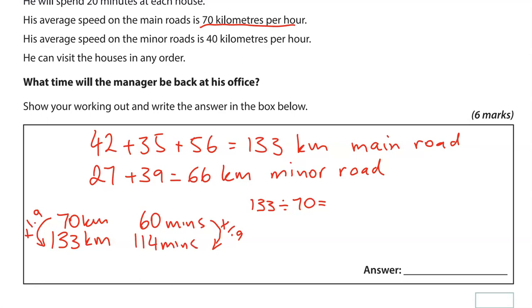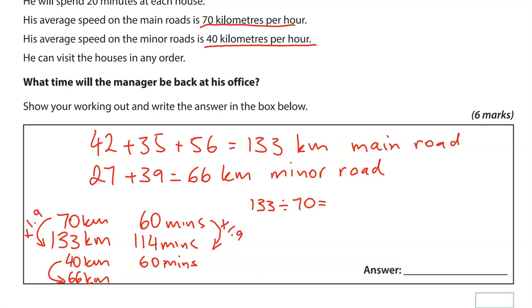For the minor roads, the speed is 40 kilometers per hour. So 40 kilometers for 60 minutes. What about 66 kilometers? What do we multiply 40 by to get 66?